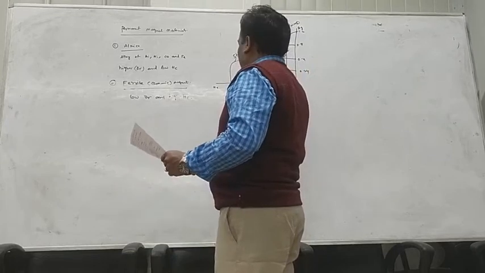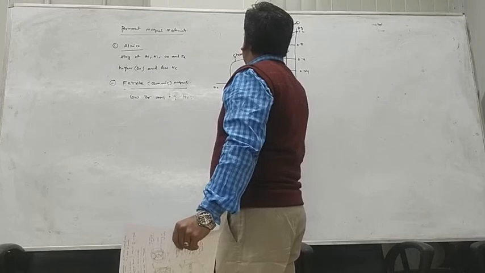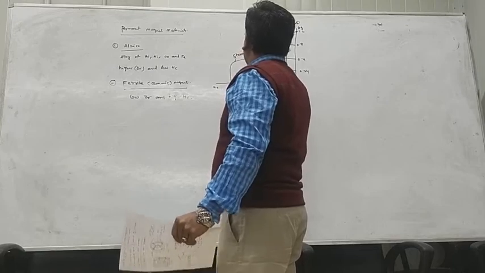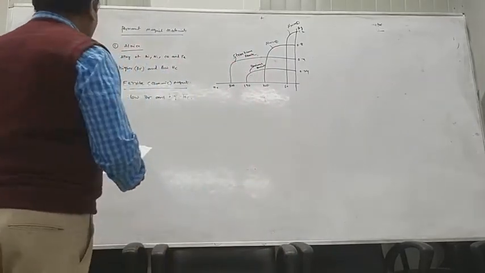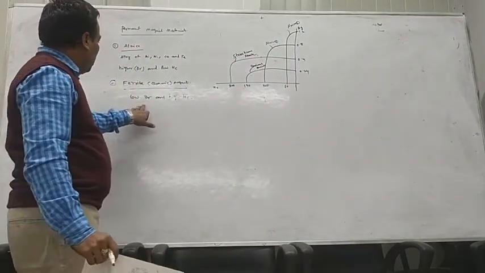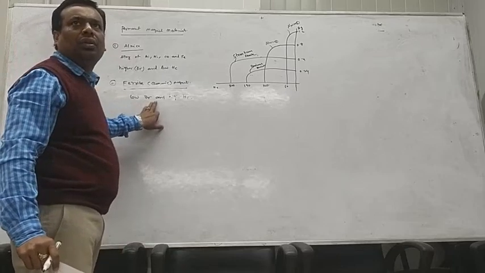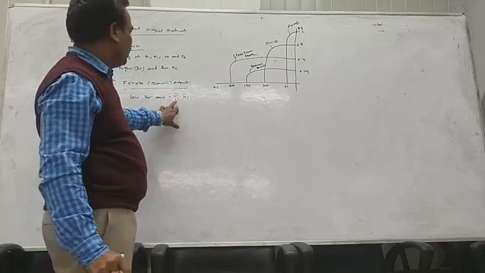So this is barium ferrite. So in the ferrite magnets, low value of residual flux density and higher value of coercive force.